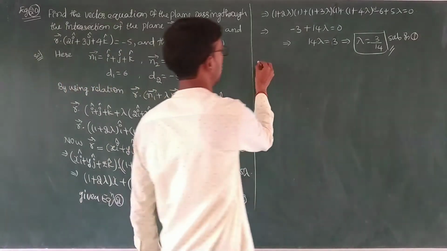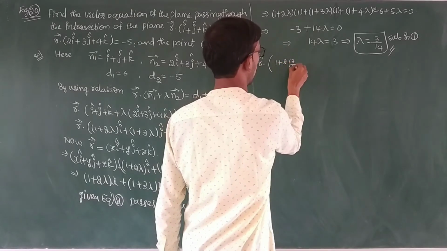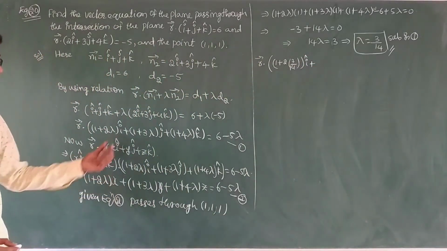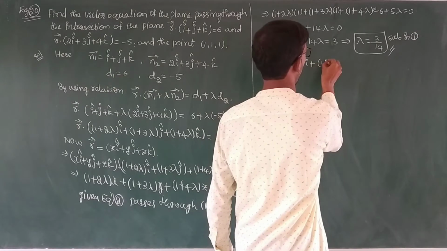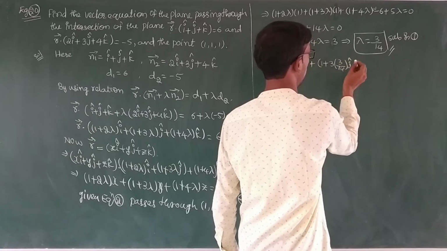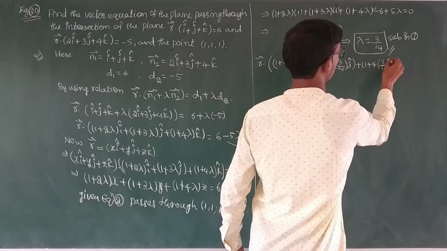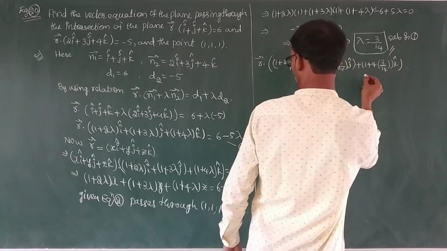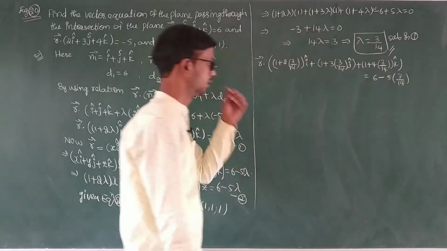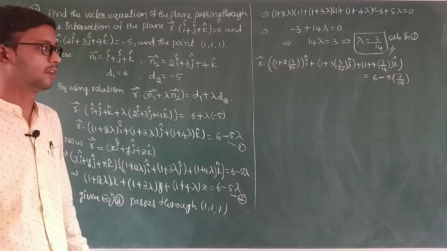R bar dot of (1 plus 2 into 3 by 14) I cap plus (1 plus 3 lambda) J cap plus (1 plus 4 lambda) K cap equal to 6 minus 5 into 3 by 14. So now we have to make the simplification here.